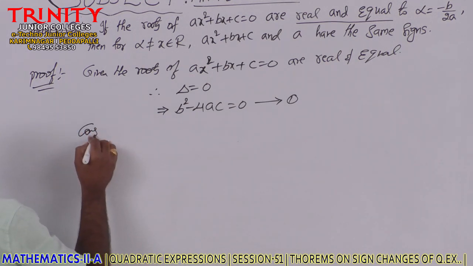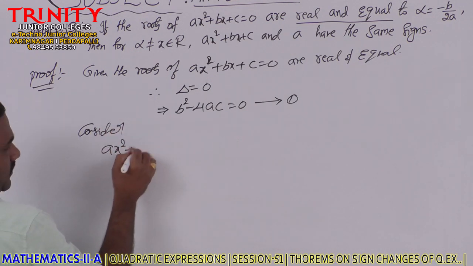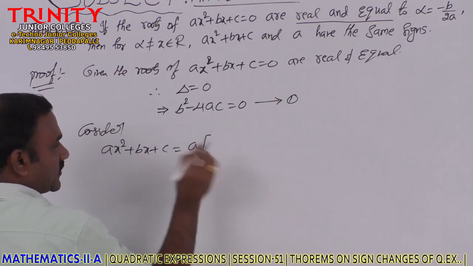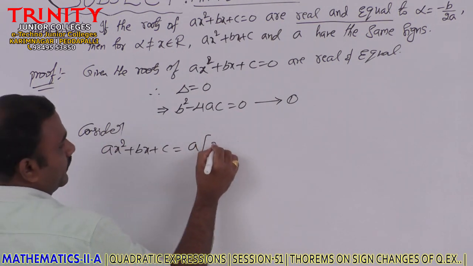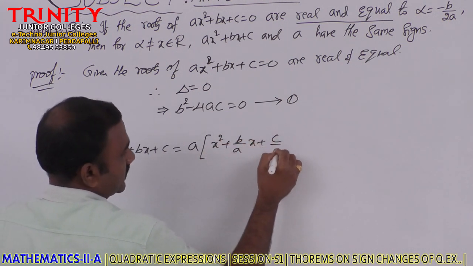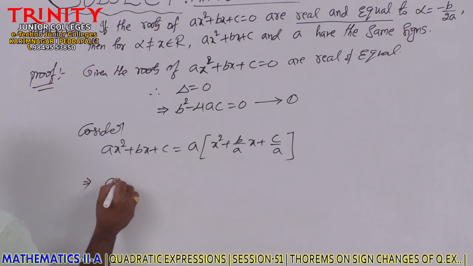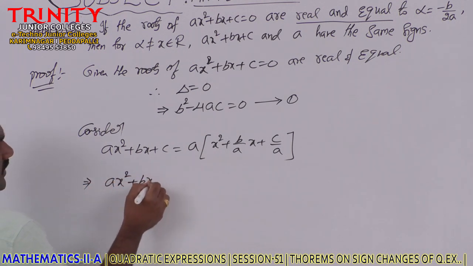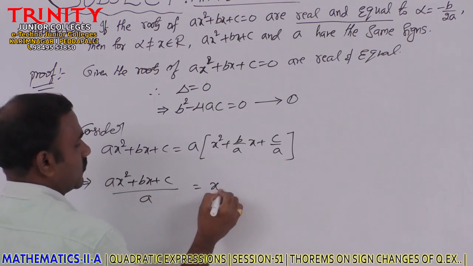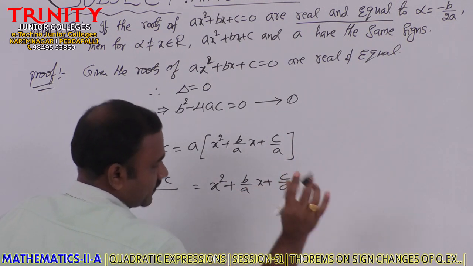Consider the quadratic expression ax square plus bx plus c. Same as the previous one, take a as common: x square plus b by a into x plus c by a. We can write ax square plus bx plus c divided by a is equal to x square plus b by a into x plus c by a.